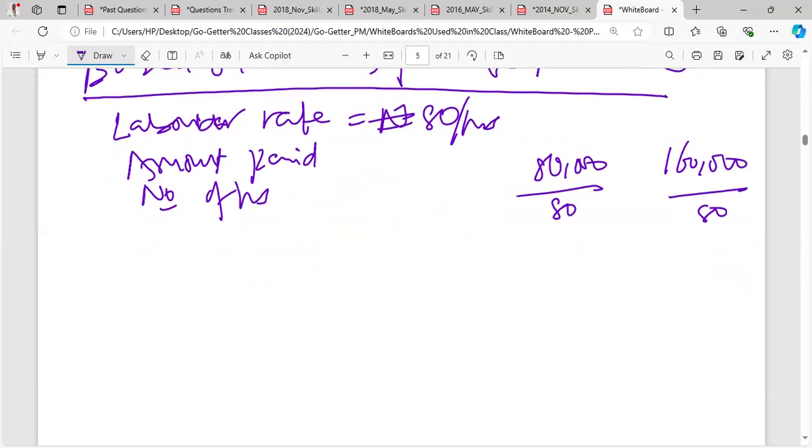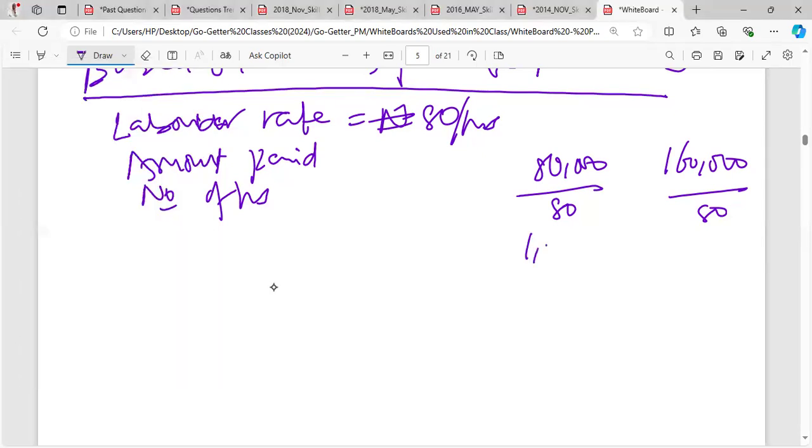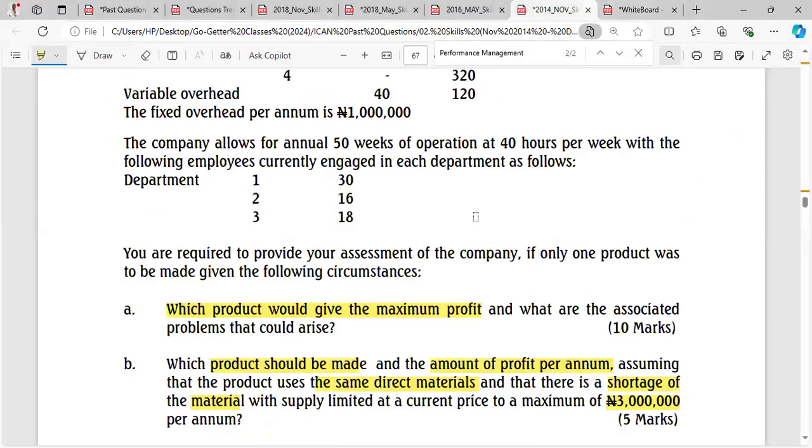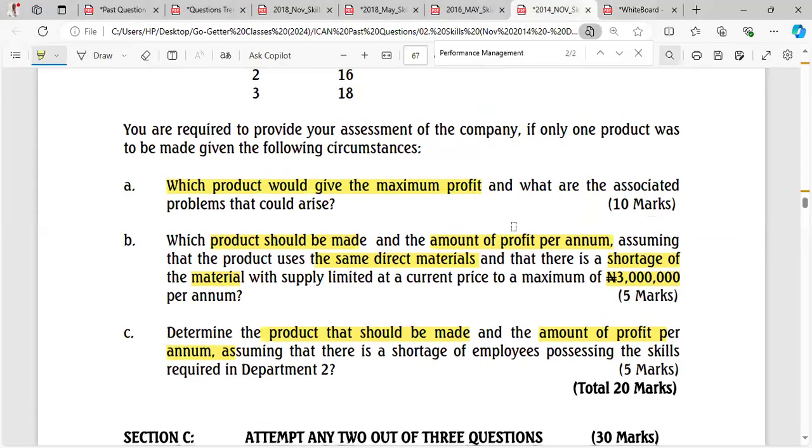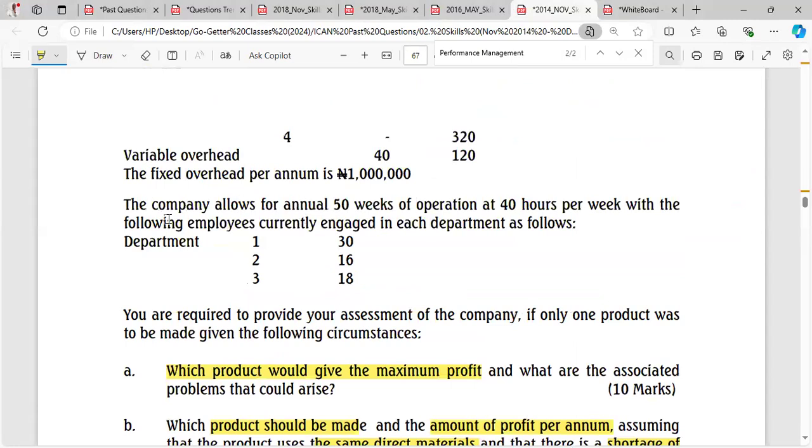So, what do we have here? This will be 1,000, and this will be 2,000. Okay? What are we told about labor? And now we are told that the company allows for 50 weeks of 40 hours per week.